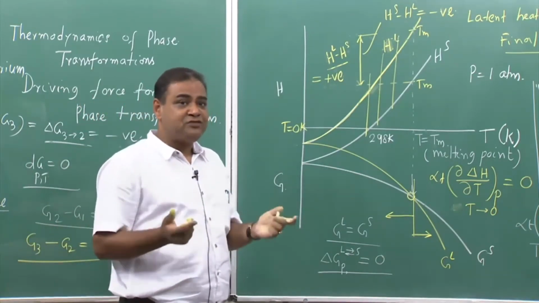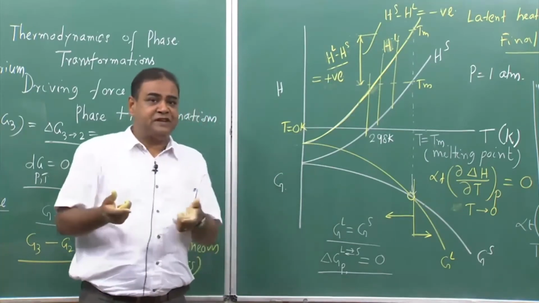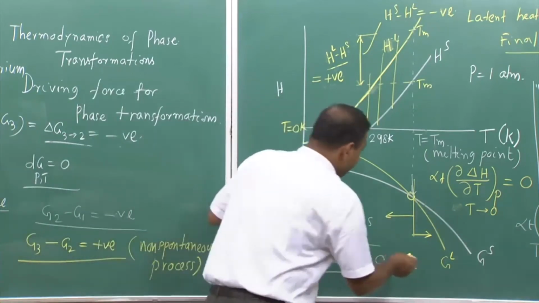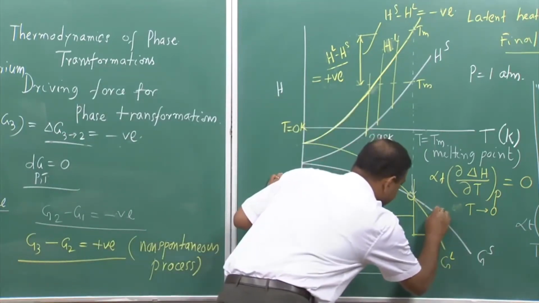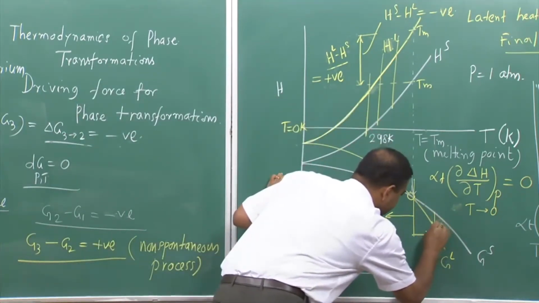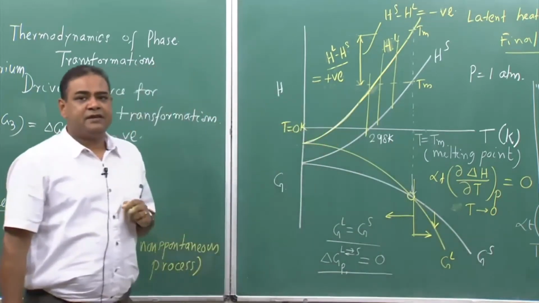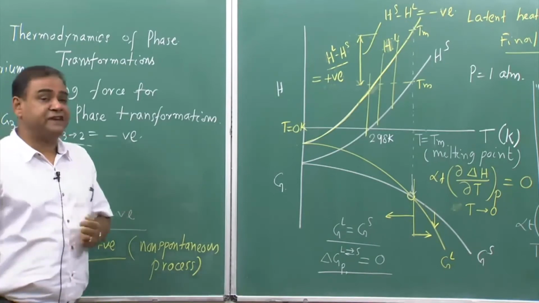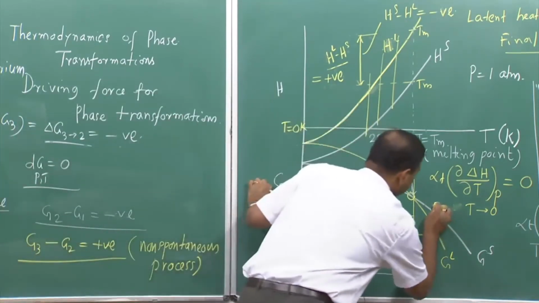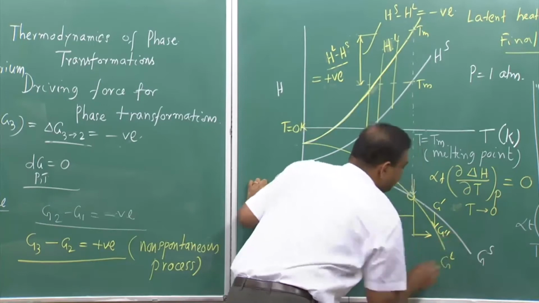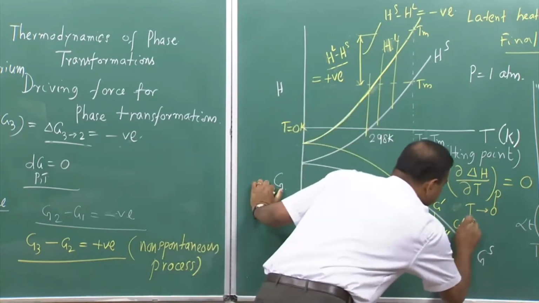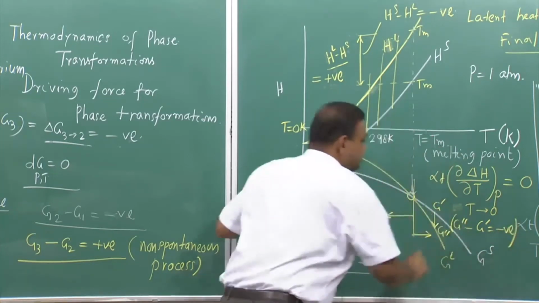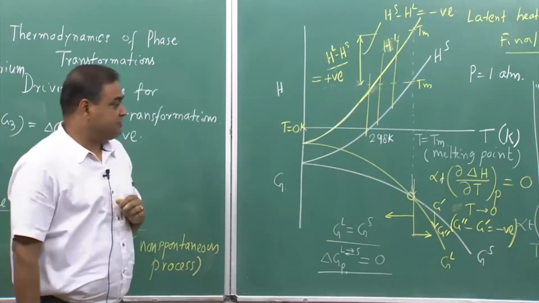That means, which way the change in free energy would go negative. Here, this way the free energy goes negative. If this is G prime and this is G double prime, then G double prime minus G prime is a negative quantity. So, that means this is a spontaneous process.